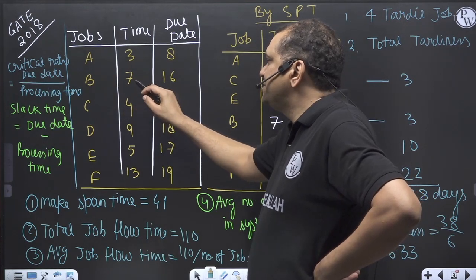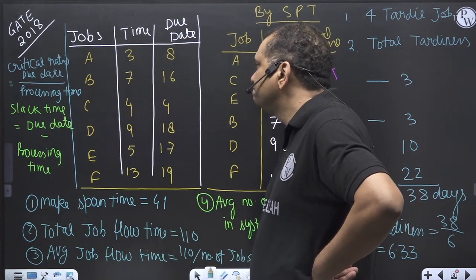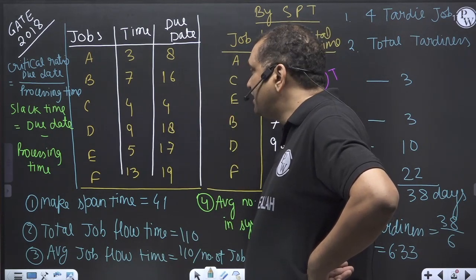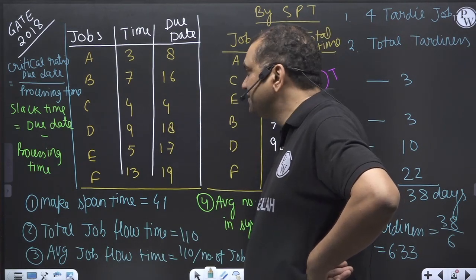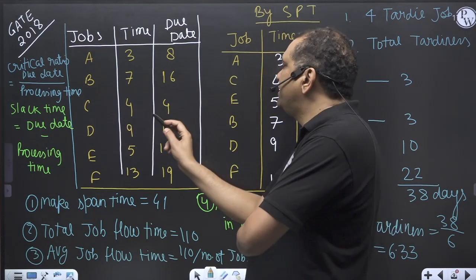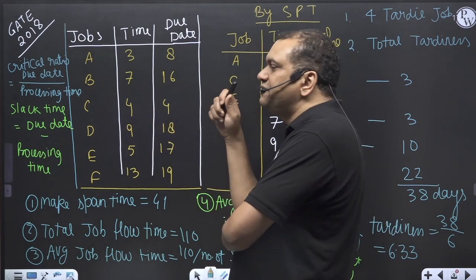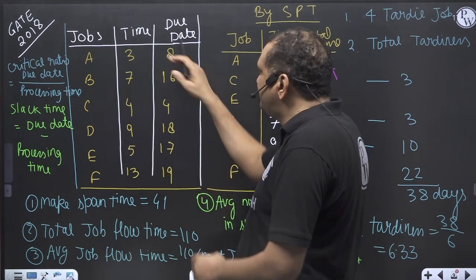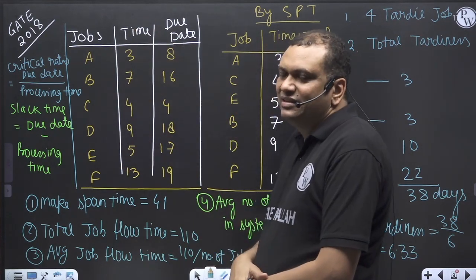Job B processing time is 7 days and due date is 16. After 16 days, we have to dispatch it. Job C takes 4 days, and after 4 days, we have to dispatch. Similarly, D takes 9 days, due after 18 days. So this data was given to you.